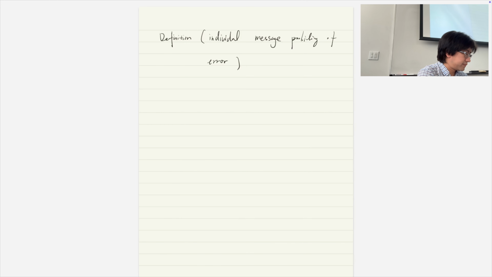So it's the conditional probability of error given that message m is transmitted.